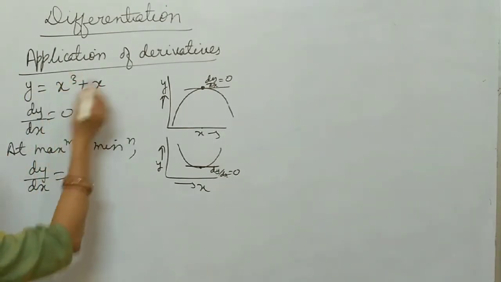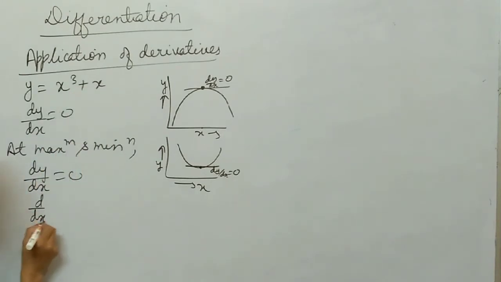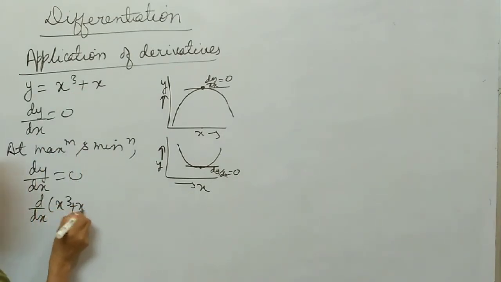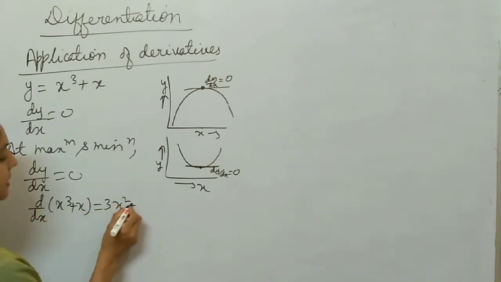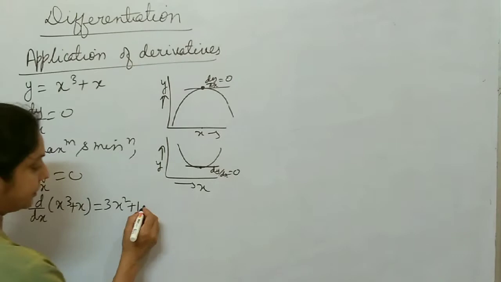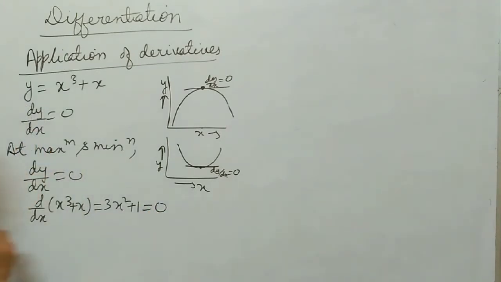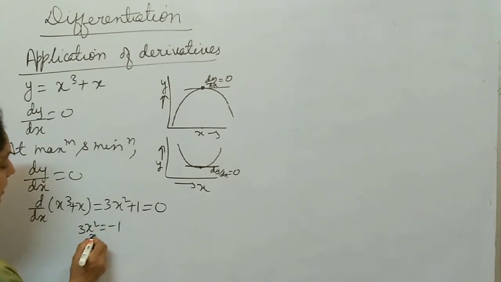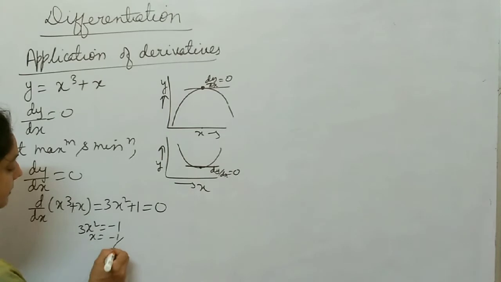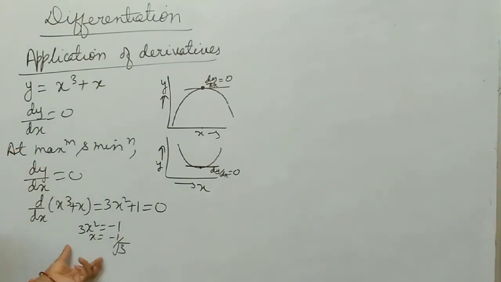What is the differentiation of this? d by dx of x cube plus x becomes 3x square plus 1. If you put it equal to 0 for maximum or minimum, from here you get the value of x. You can calculate 3x square equal to minus 1 and x equal to minus 1 by 3. In this way you calculate the value of x.